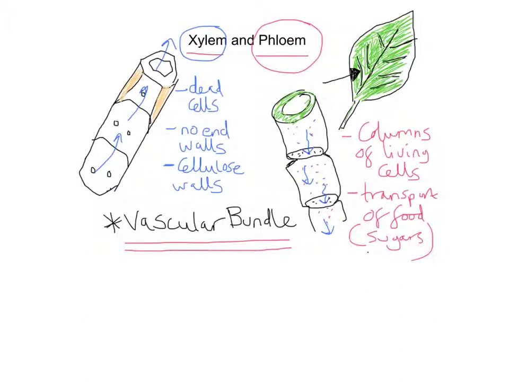Now, if you were to take a root cross section, so a cross section through the root, it might look a little bit like this. So I'll just draw this.